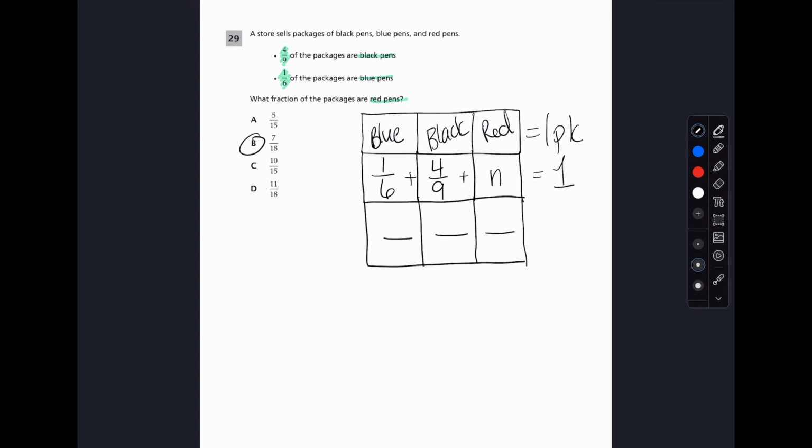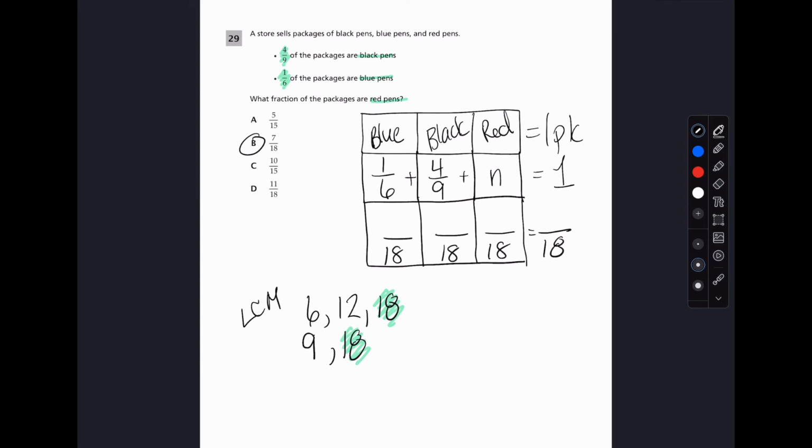And since I have 6 and 9, I like to go from the lower number and look for a common multiple. So 6, 12, 18, and I already kind of recognize 18 is also a multiple of 9. 9 times 2 is 18. So I'm going to use that and make all my fractions out of 18.